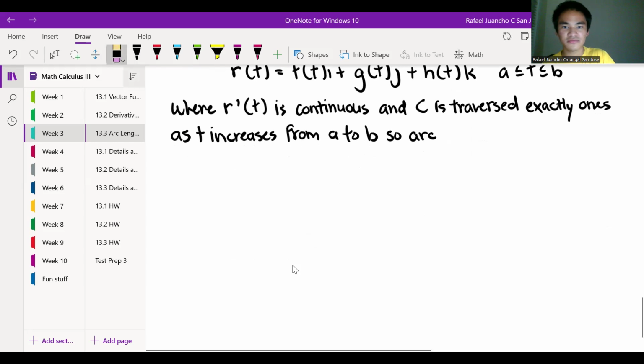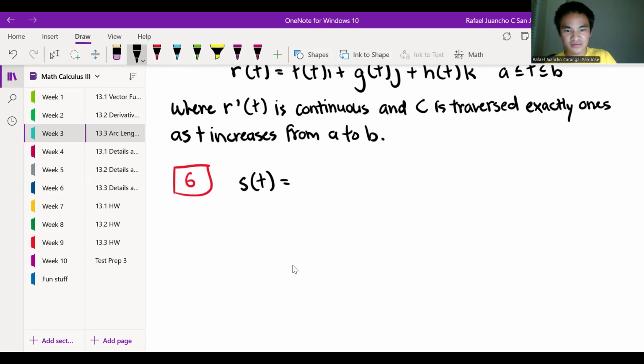Let me go ahead and write the formula of the arc length function. So the arc length function is as follows. We have some s of t. So now it's a function, from a to t.